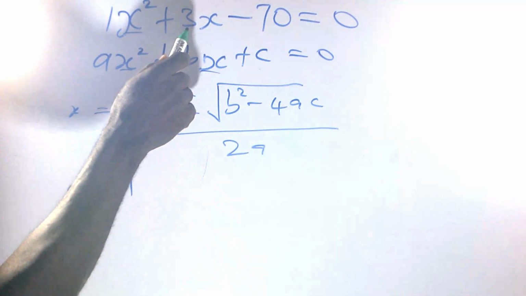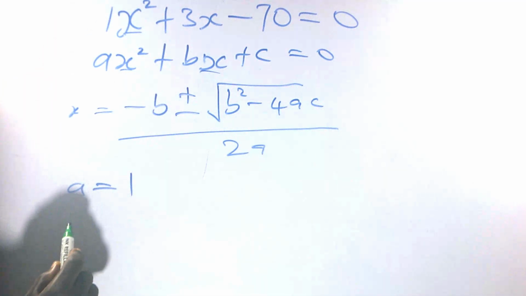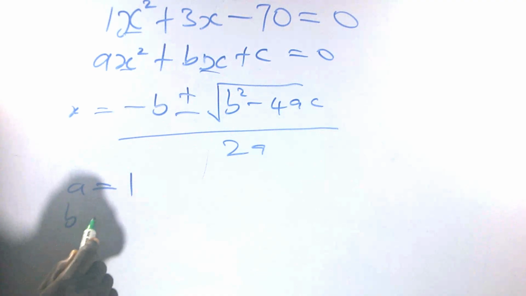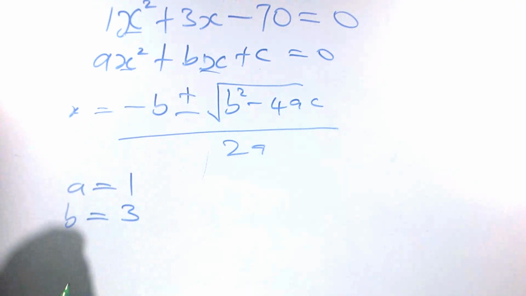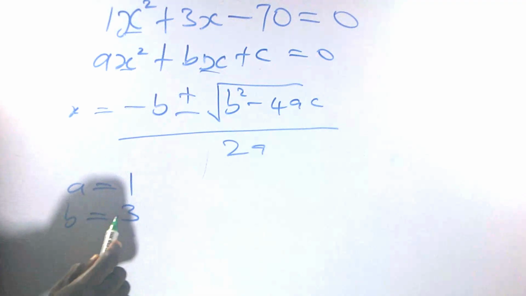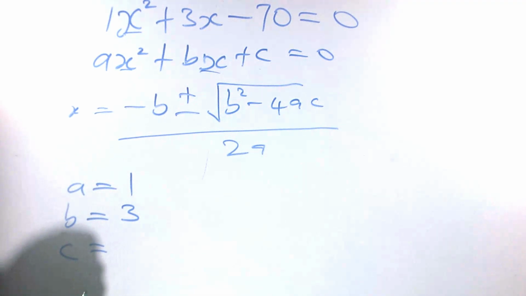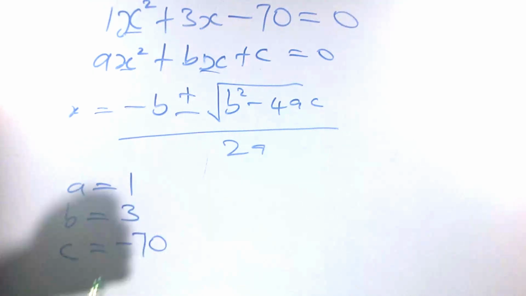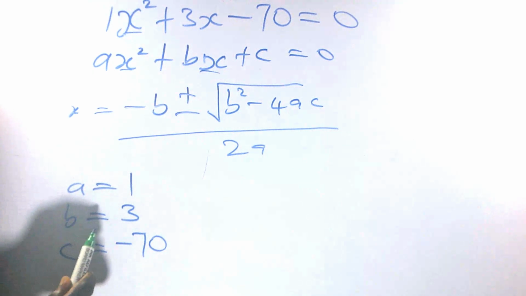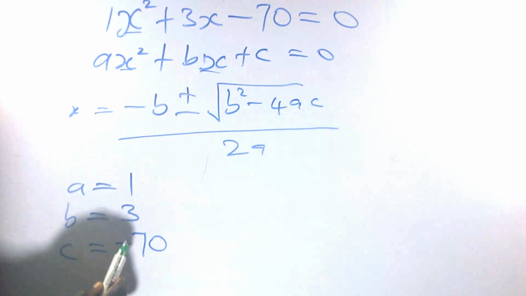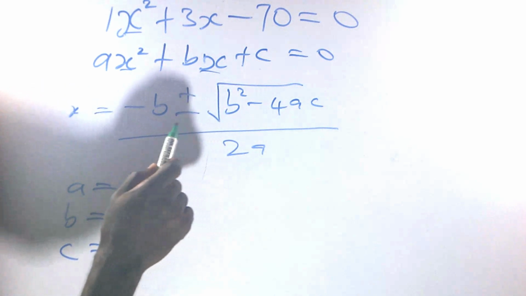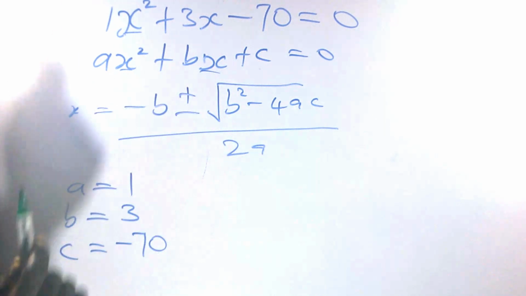Look at the equation here. 3 is the coefficient of x. So our b is 3. Then c is minus 70. Now all we need to do is plug in all these values into this formula.